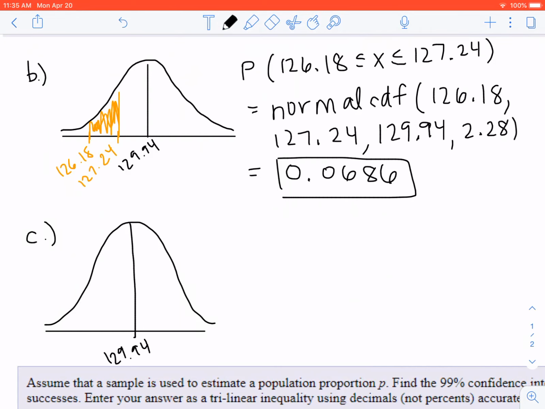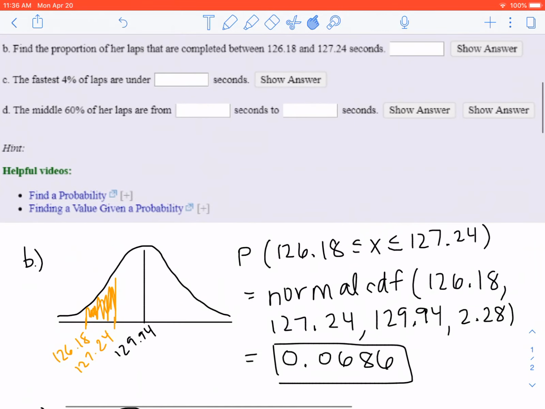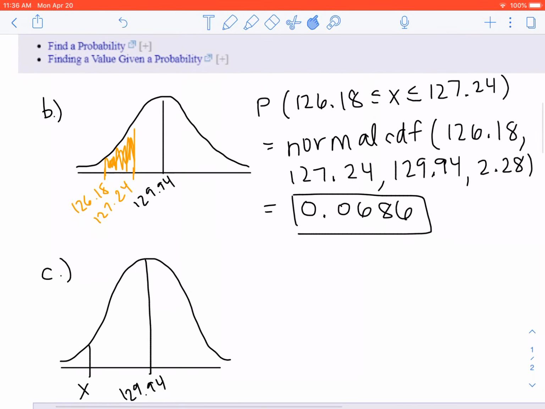Faster times means that the time isn't going to be greater than, it's going to be less than. And so we're actually going to be on the left over here. So I'm going to call this X, and it does say that it is the fastest 4%. So those are going to be the smallest times that you have because it's fastest. And this area here is 0.04.